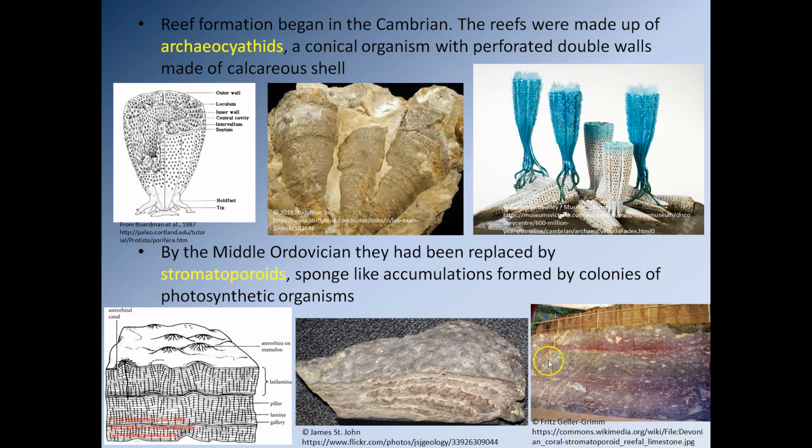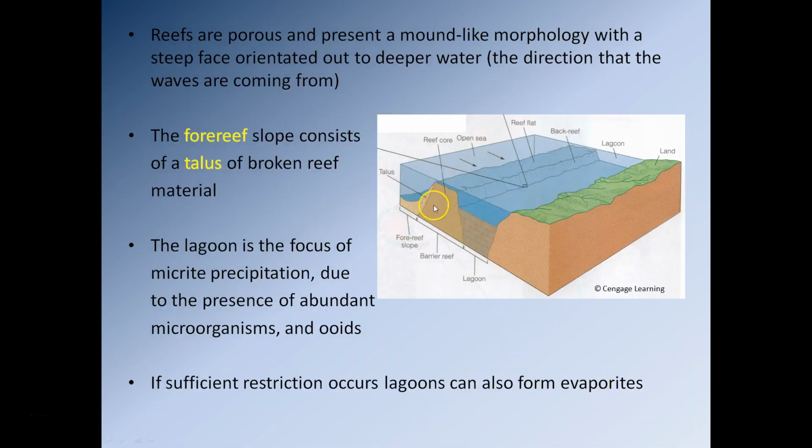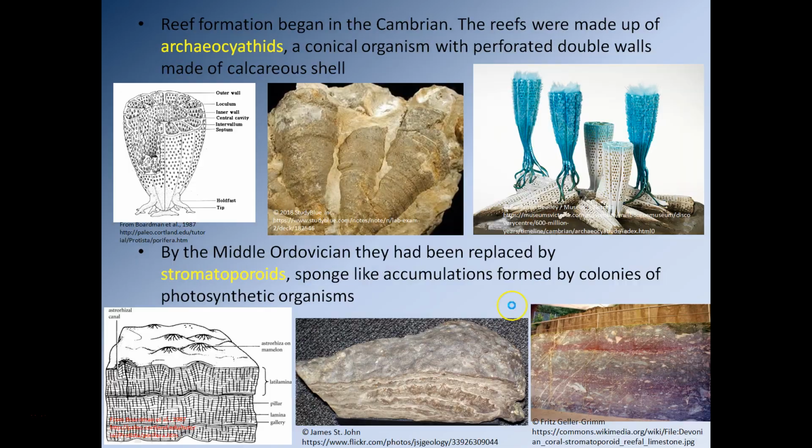This shows a section through one of these stromatoporoid reefs. You can see that it consists of lots of broken up pieces of stromatoporoids mixed in with lots of these nicely layered stromatoporoids. So this diagram probably represents more of this forereef environment where bits are falling off the reef.